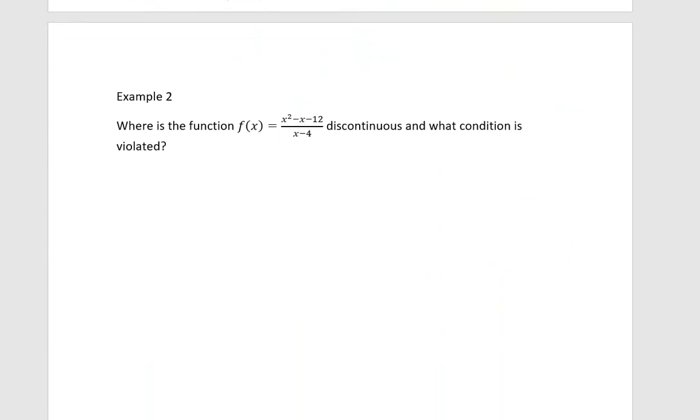Now for example 2, let's say instead of getting a graph, we get an equation. Where is this function discontinuous and what condition is violated? If you remember from your previous math courses, what you need to look at when you're looking at a function is making sure you don't divide by 0.